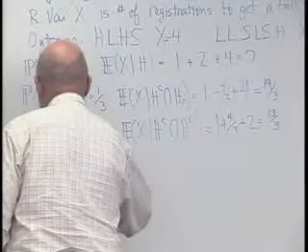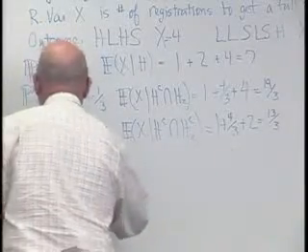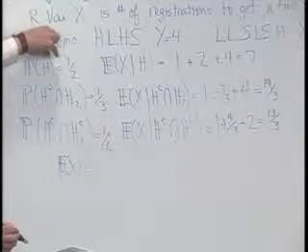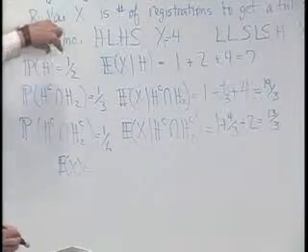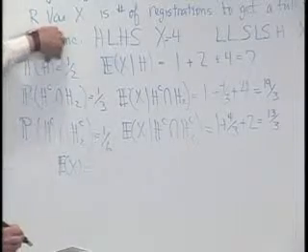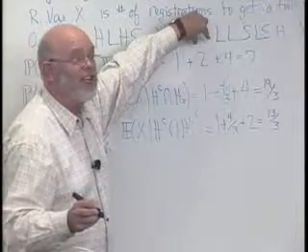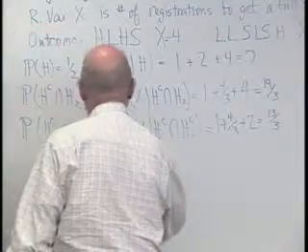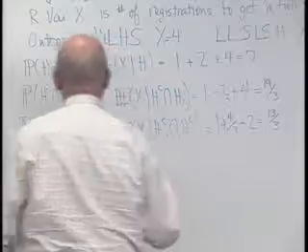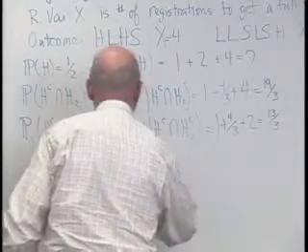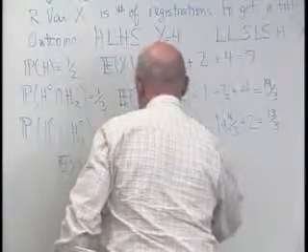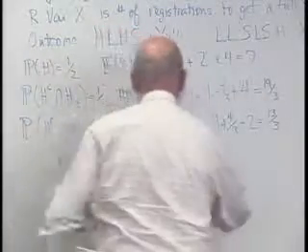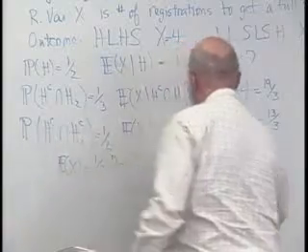And now I can just add everything up. The expectation of x is the sum over all the different subcases that partition the event space of the probability of that subcase times the expectation of x given that subcase. So we've got 1/2 times 7 plus 1/3 times 19/3 plus 1/6 times 13/3.